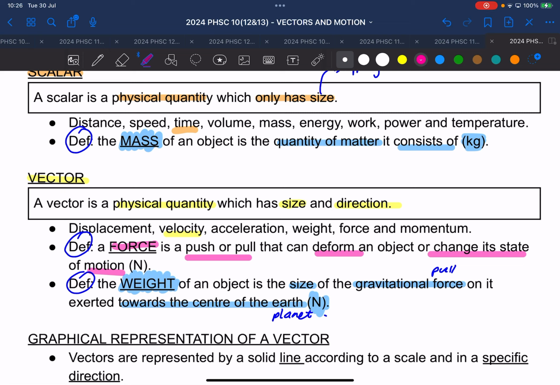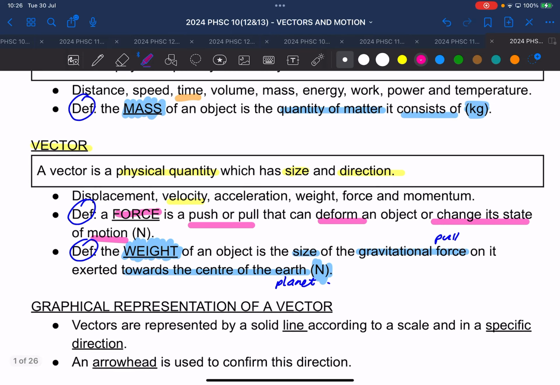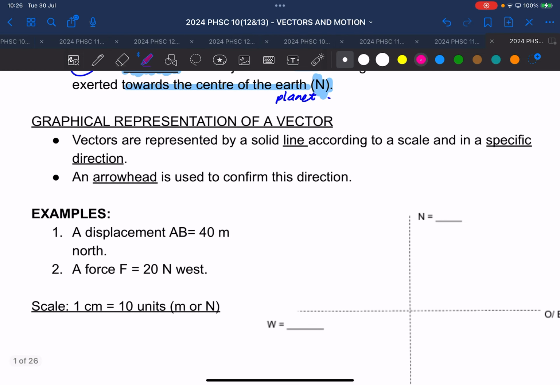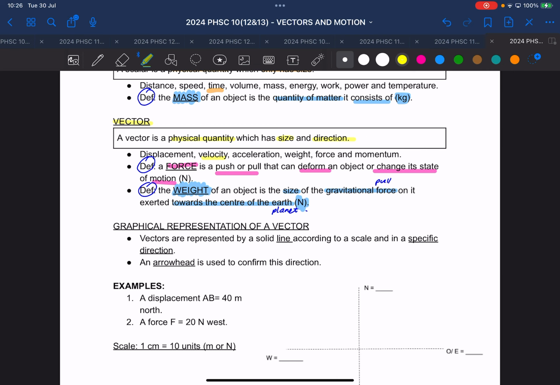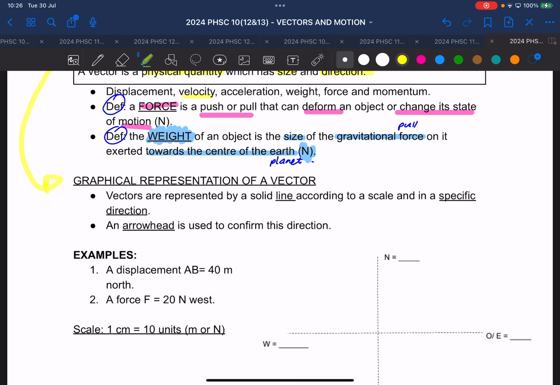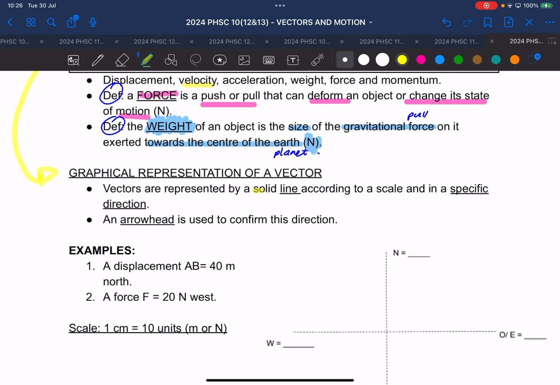Now, in this chapter we are going to look at a lot of vectors. How do we represent a vector? How do we show a vector when we draw it or talk about it? A vector is represented by a solid, straight line, according to a scale.